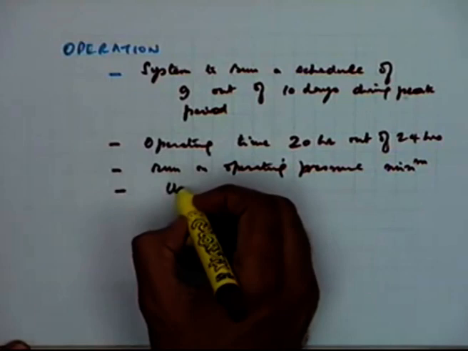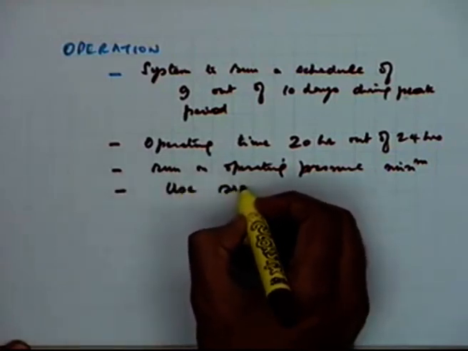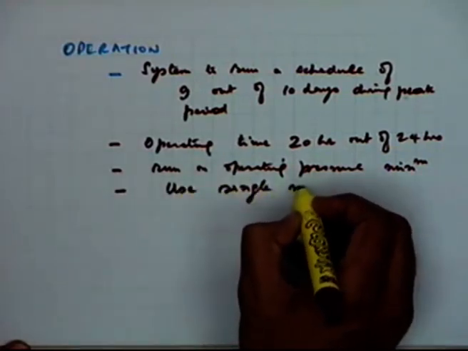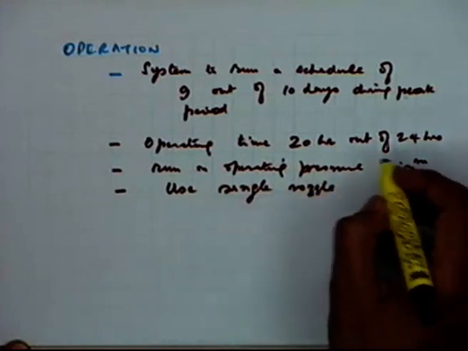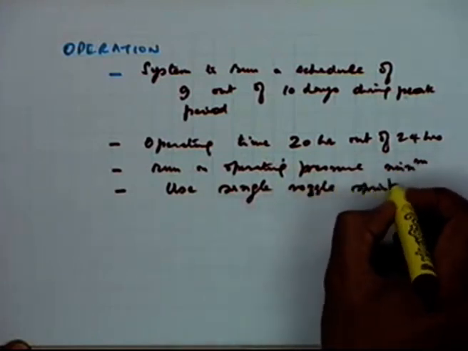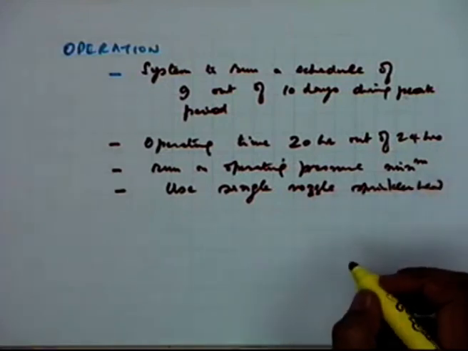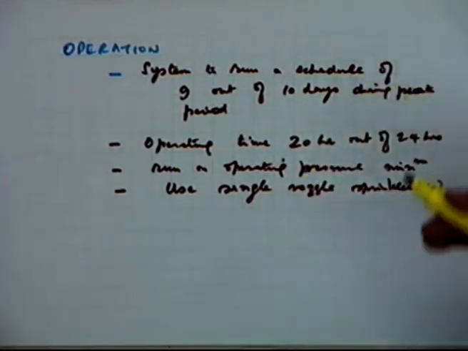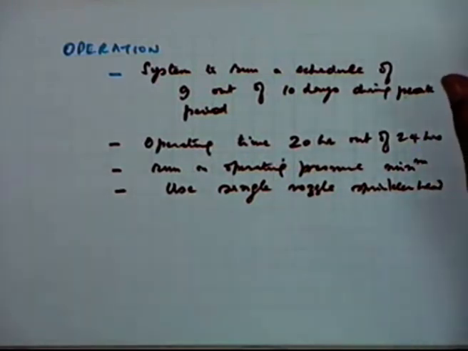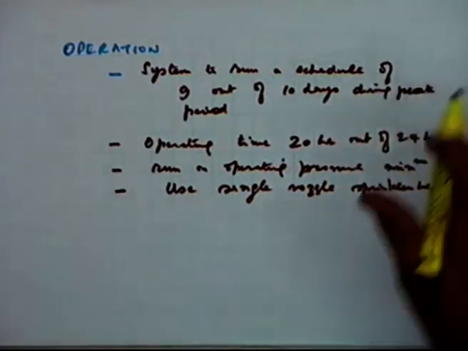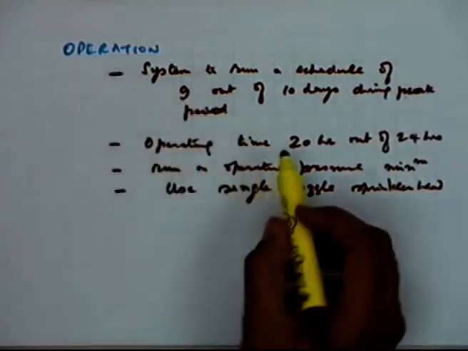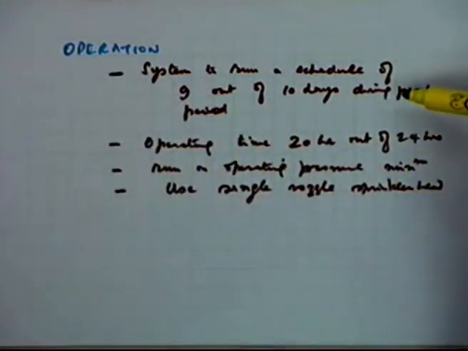Another constraint: use a single nozzle sprinkler head. Now, based on this data and all the desirable constraints, you have to design the system.